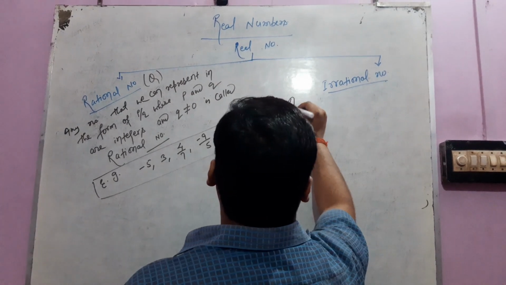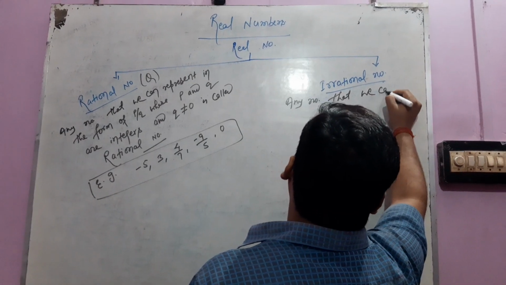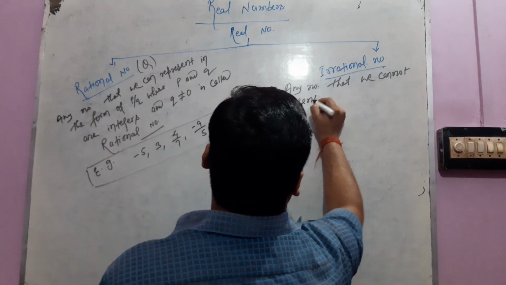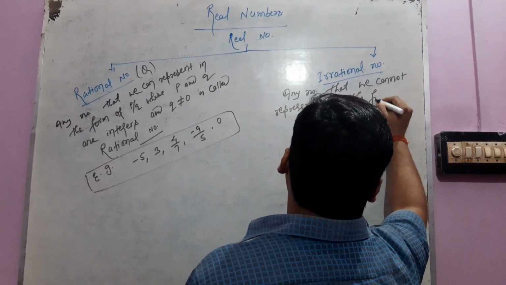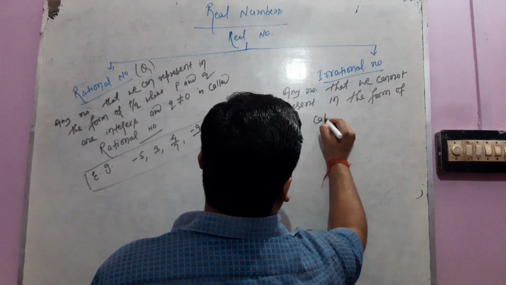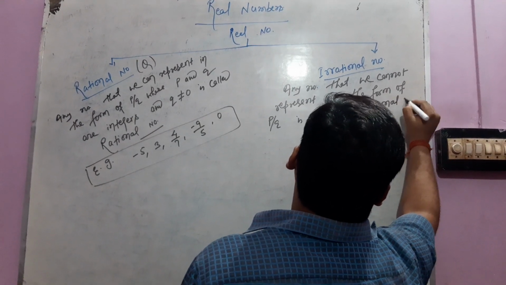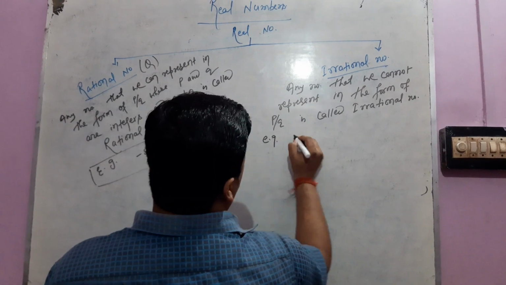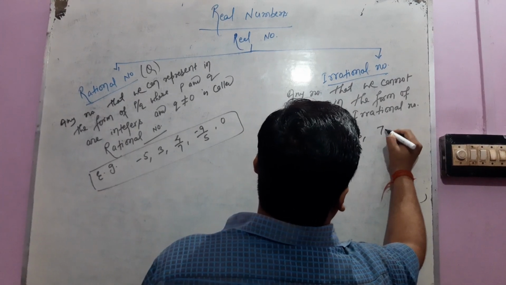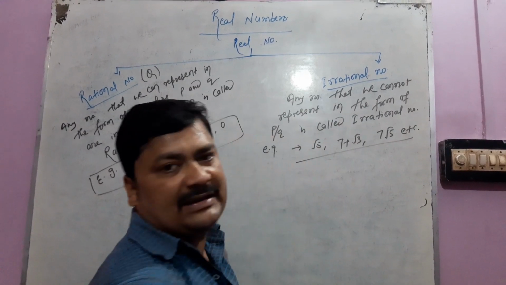Now irrational number. Any number that we cannot represent in the form of p by q is called an irrational number. For example, under root 5, 7 plus root 3, 7 root 5, etc. These are all examples of irrational numbers.